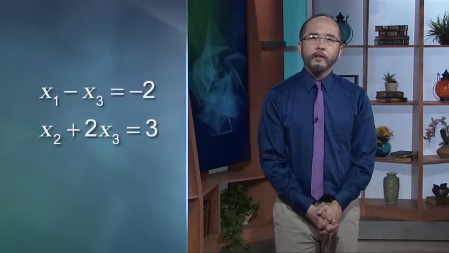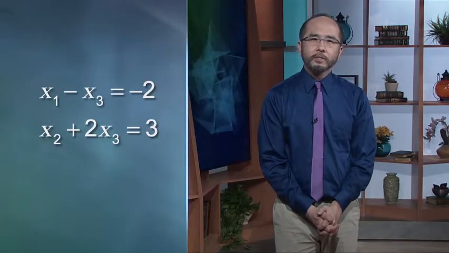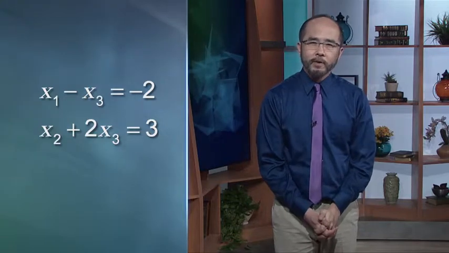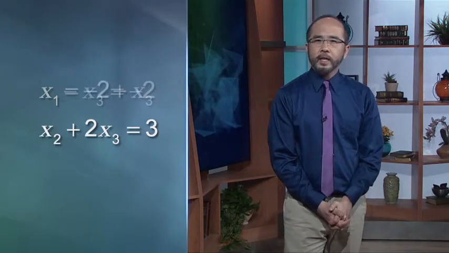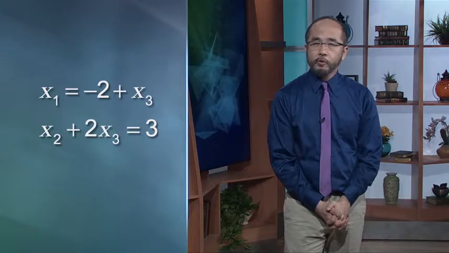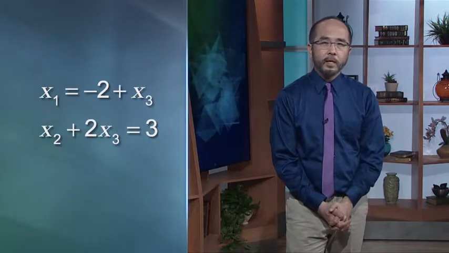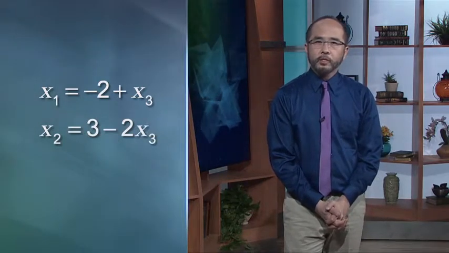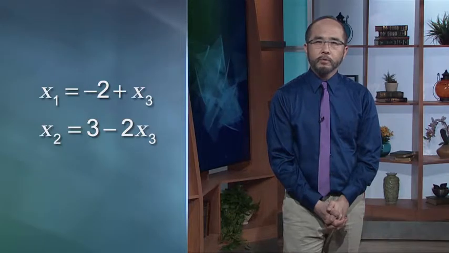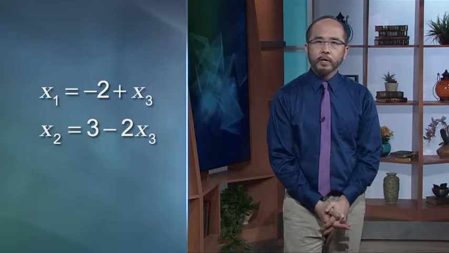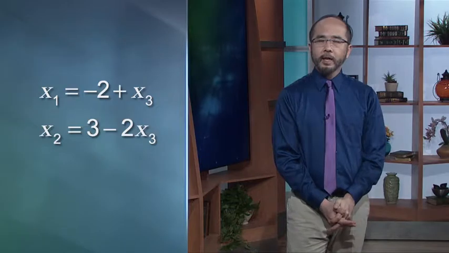You see, the first equation allows us to solve for x1 in terms of x3. We see that x1 equals -2 plus x3. The second equation shows us x2 equals 3 minus 2x3. And what about x3?